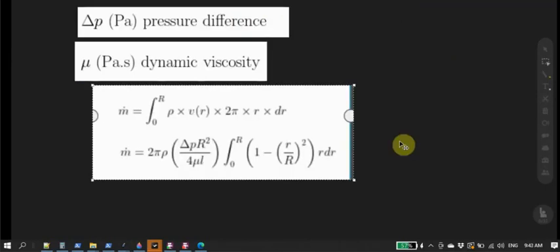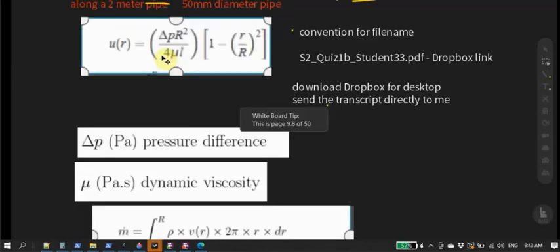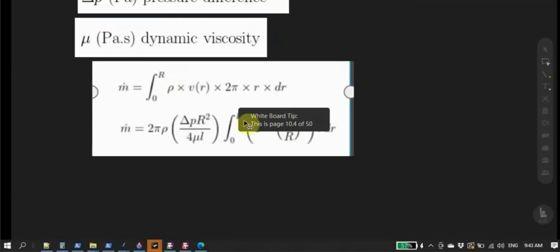This velocity actually is a local value, at a point in space, right? So in order for you to calculate the mass flow rate, we have to integrate over a cross section, right? In this case, the cross section is written in the form of radius.